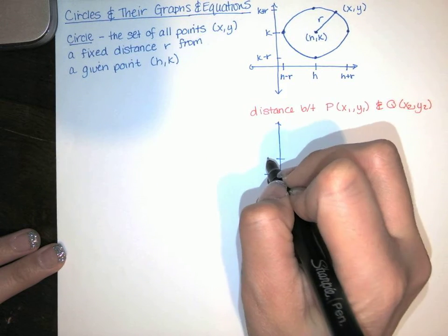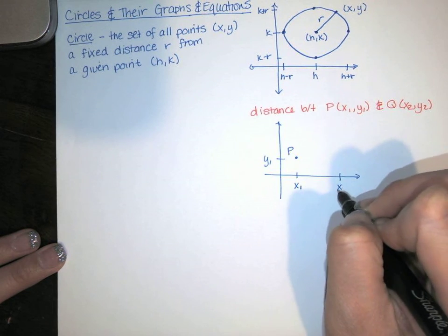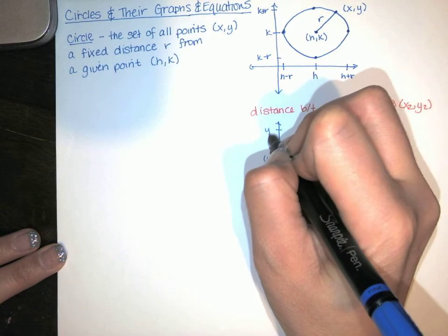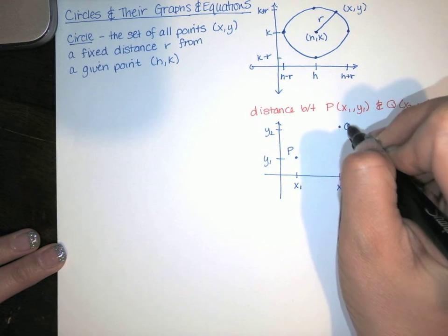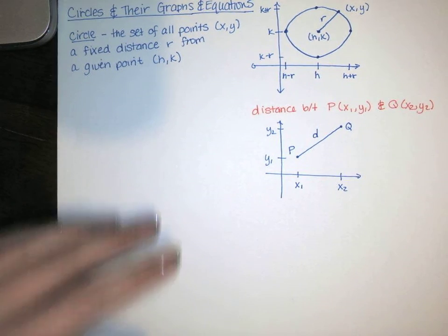So let's plot (x1, y1), that's P, and (x2, y2), that's the point Q. And so the distance that we want is the distance from there to there.